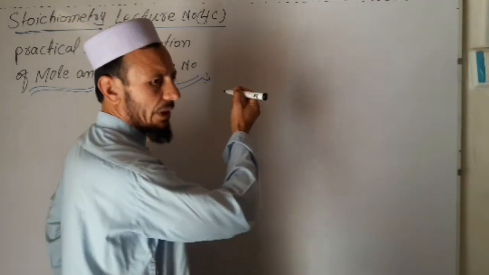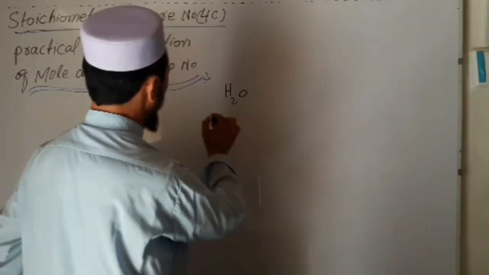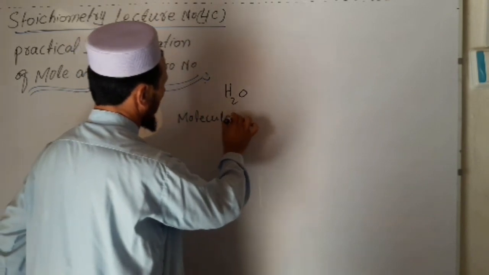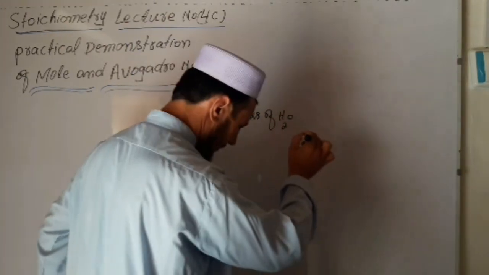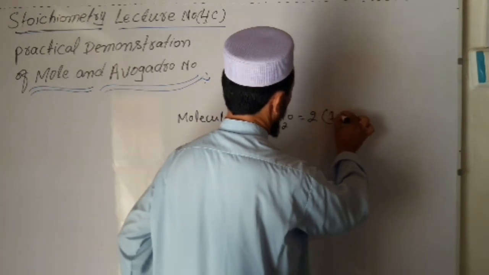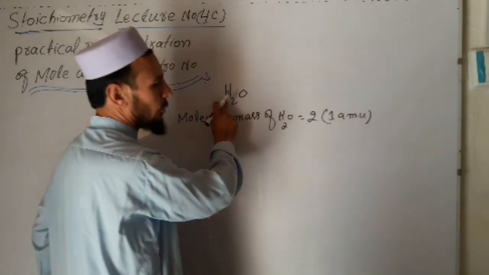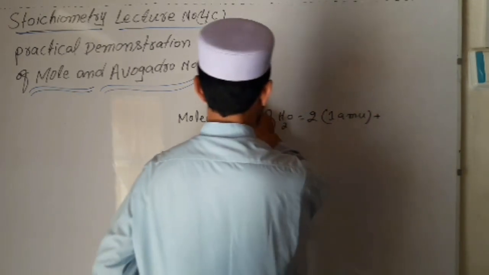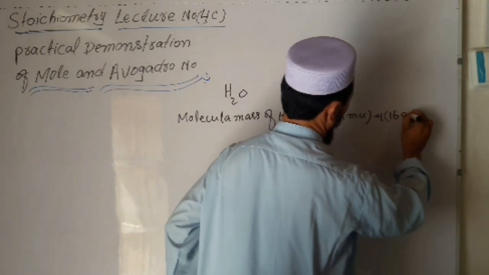We know that the molecular formula of water is H2O. Now, the molecular mass of H2O is equal to 2 multiplied by 1 AMU, because the atomic mass of one hydrogen atom is equal to 1 AMU, plus 1 multiplied by 16 AMU.